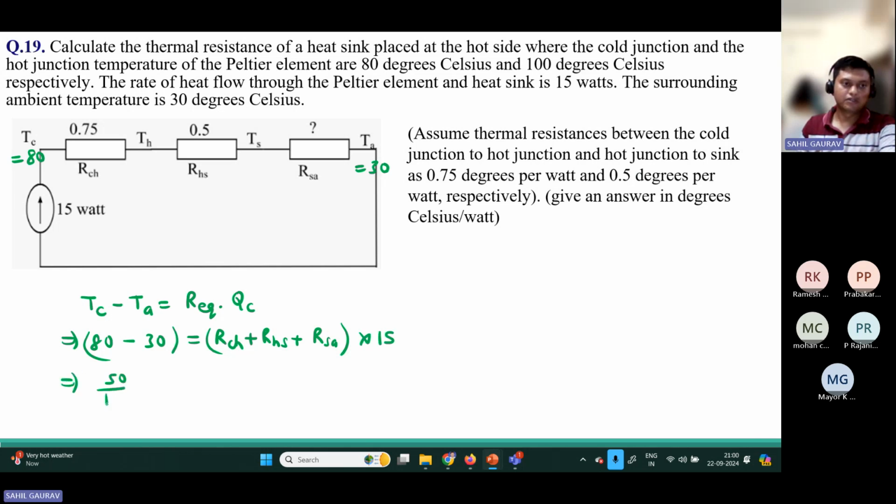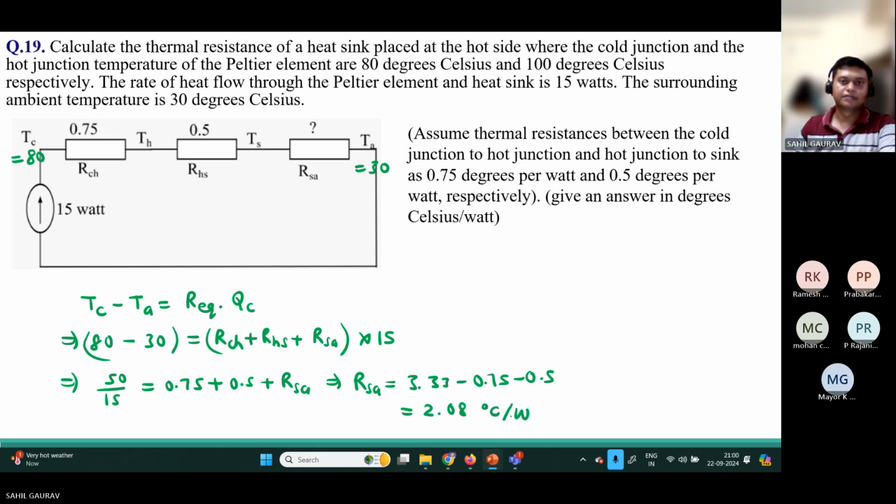So 50 upon 15 equal to 0.75 plus 0.5 plus RSA. So this RSA will come as 3.33 minus 0.75, it is 2.08 degrees Celsius per watt. So 2.08 is the answer.